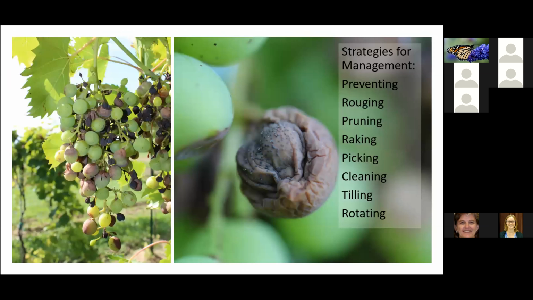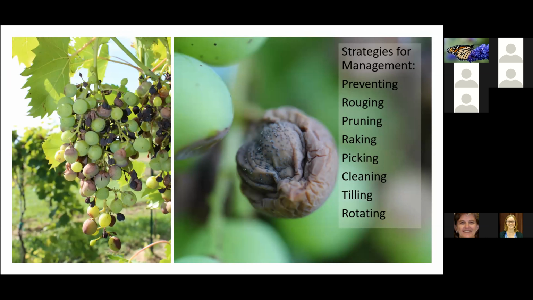So here's a last-minute checklist. Strategies for managing plant diseases in the context of survival and overwintering. We're going to prevent it from coming in if that's possible, prevent infections, and rogue any plants that are infected. Sometimes we just have to cut our losses: prune it out, rake it up, pick it up, clean it up.